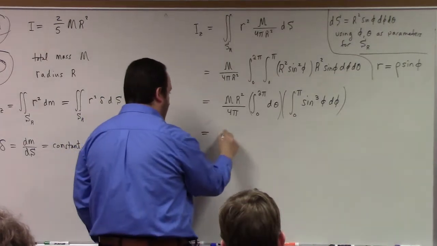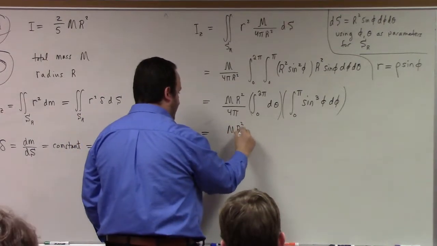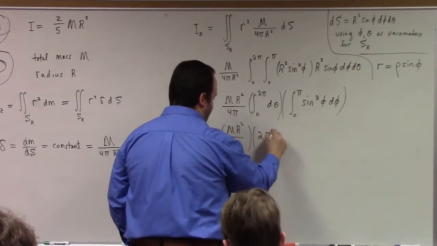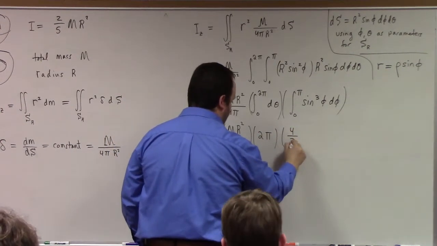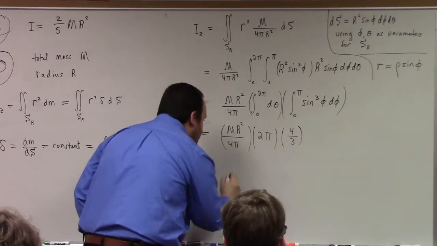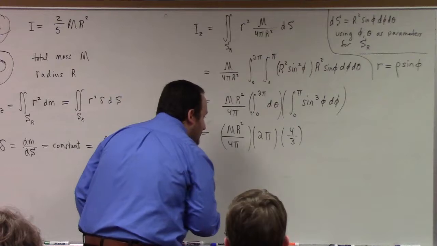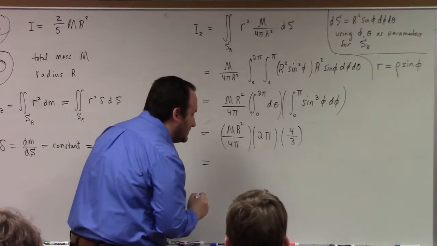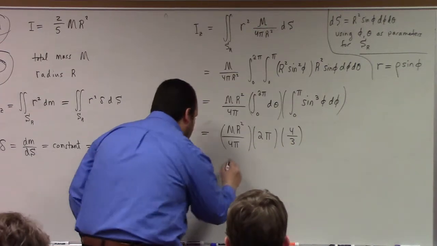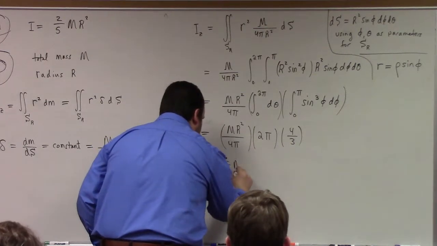So that gives me m R squared over 4 pi times 2 pi times 4/3. The 4's cancel, the pi's cancel. What am I left with here? 2/3 m R squared, yeah.